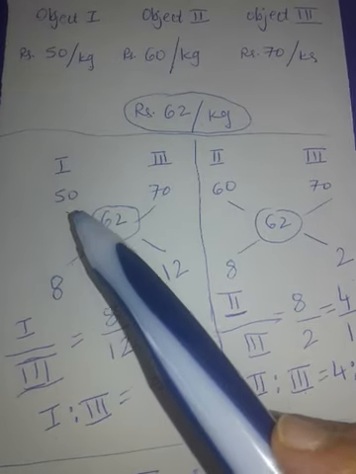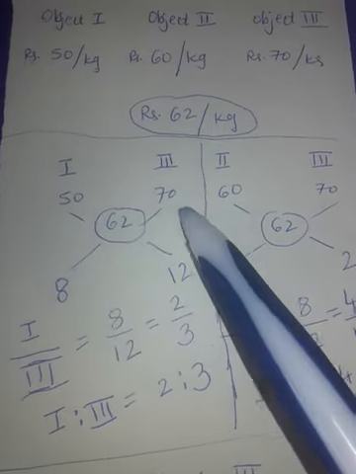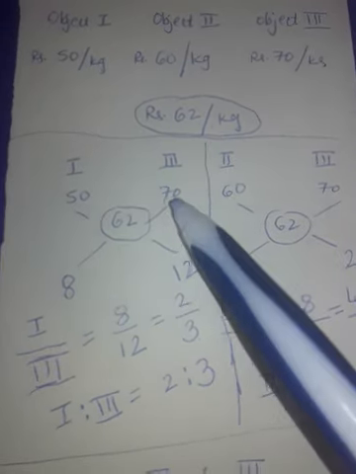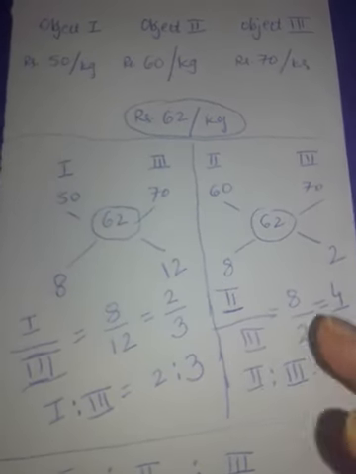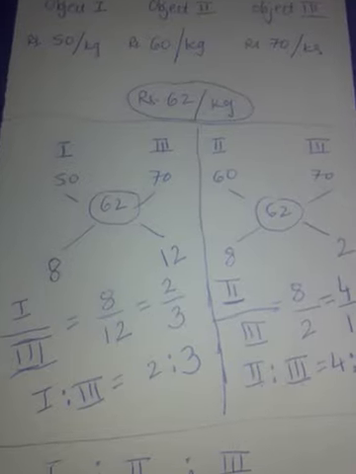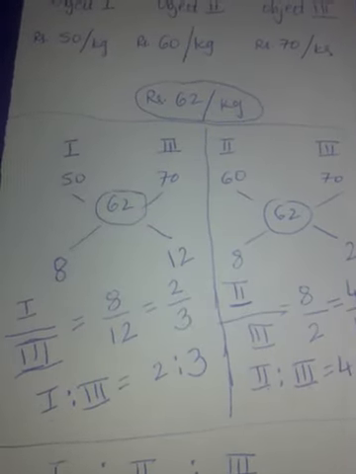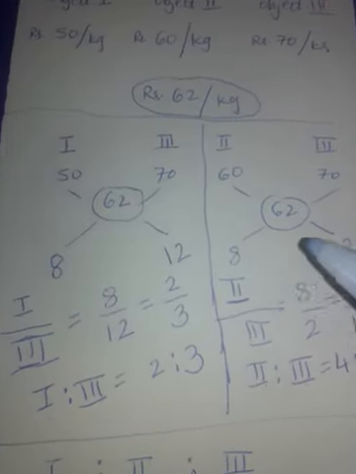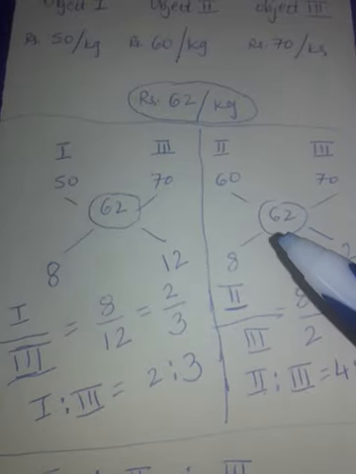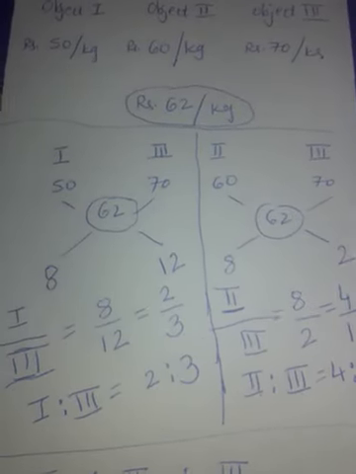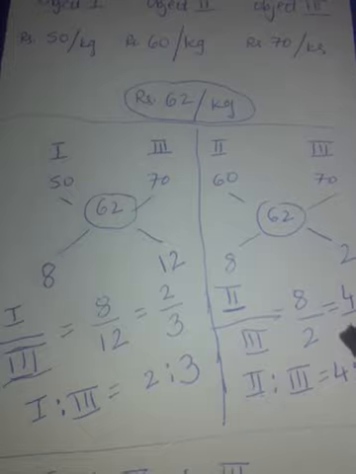First I have selected the pair 50, 70 and the mean is 62. So taking the positive difference. If you are using the alligation rule for the first time, you may not understand a few things because I am explaining it just briefly here since we need to solve many profit and loss examples.